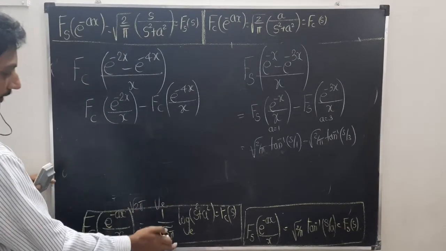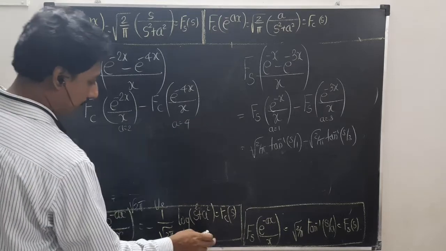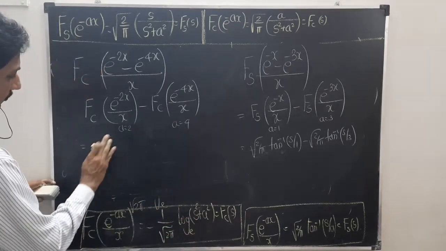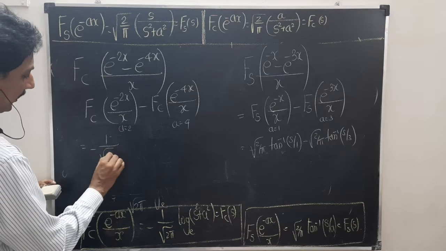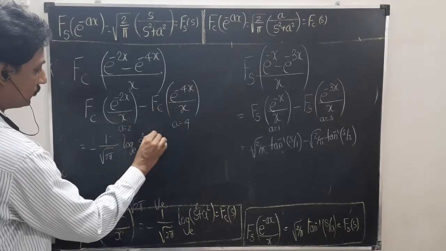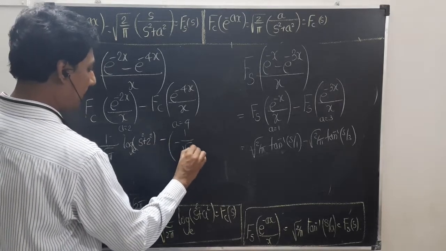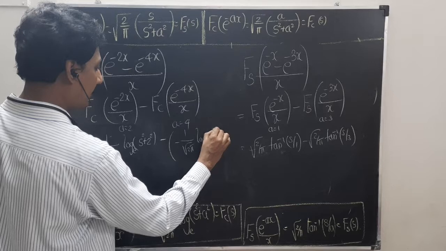So by using the same idea, here a equals 2 and here a equals 4. Using this concept, minus 1 by square root of 2 pi log of s squared plus 2 squared, minus minus 1 by square root of 2 pi log of s squared plus 4 squared.